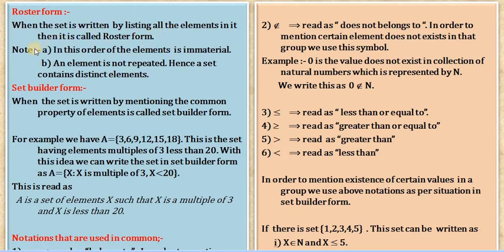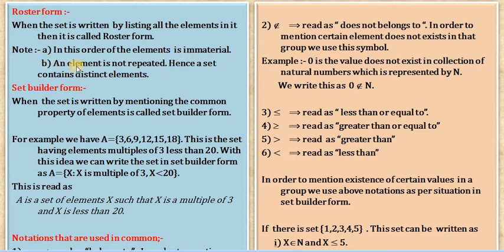Okay. Now note, in this the order of the elements is immaterial. That means you can write in any order. Don't think that the numbers should always be in increasing order or decreasing order. Sometimes it may be random, but all values existing in that follow a certain rule.